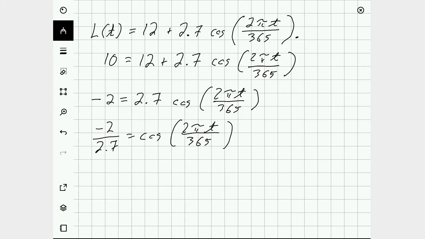Now here, before I continue onward, I want to think a little bit about my domain. I was asked to find the days in the first 365, which means that 0 is less than or equal to t is less than 365. Or to play it safe, we might want to do less than or equals on this side as well.